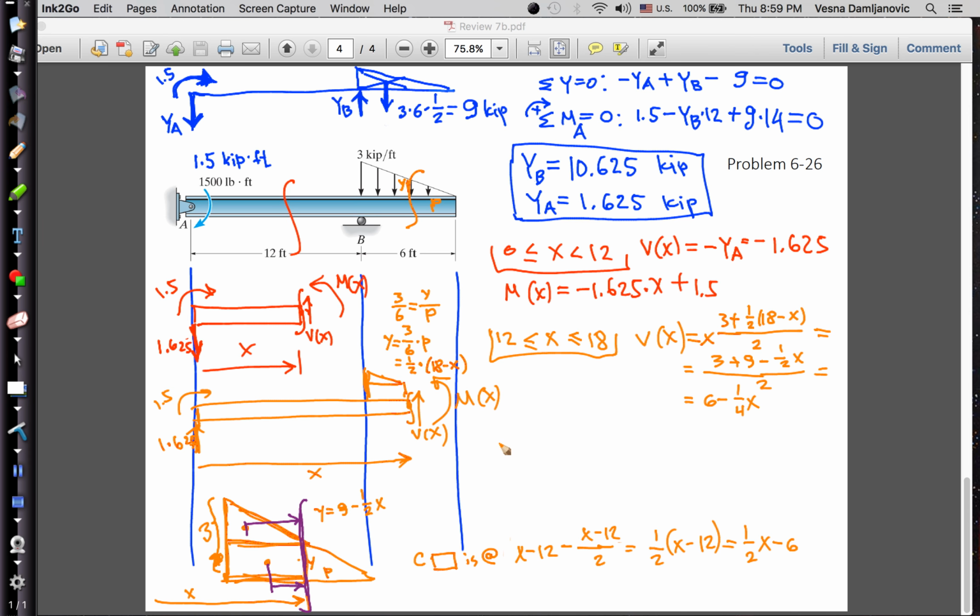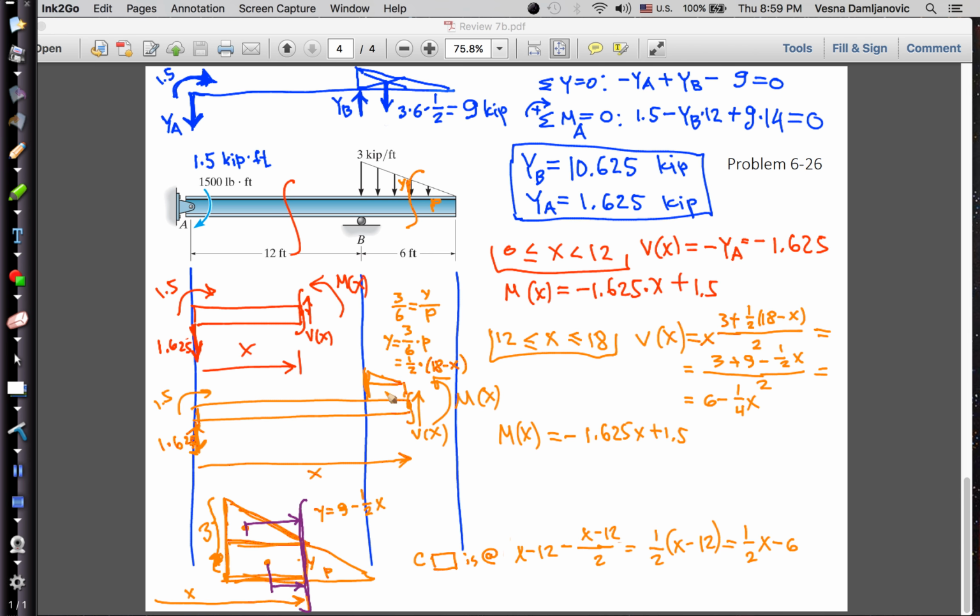So let's start writing the moment equation, so that we don't lose track of why we're doing it. So moments for that cross section of this force in the support, 1.625, would be, again, the same as before, and it's pointing down and not up, so minus 1.625x, and then this moment is again plus 1.5, same as in the previous one, but now we have to account for the moment of this.